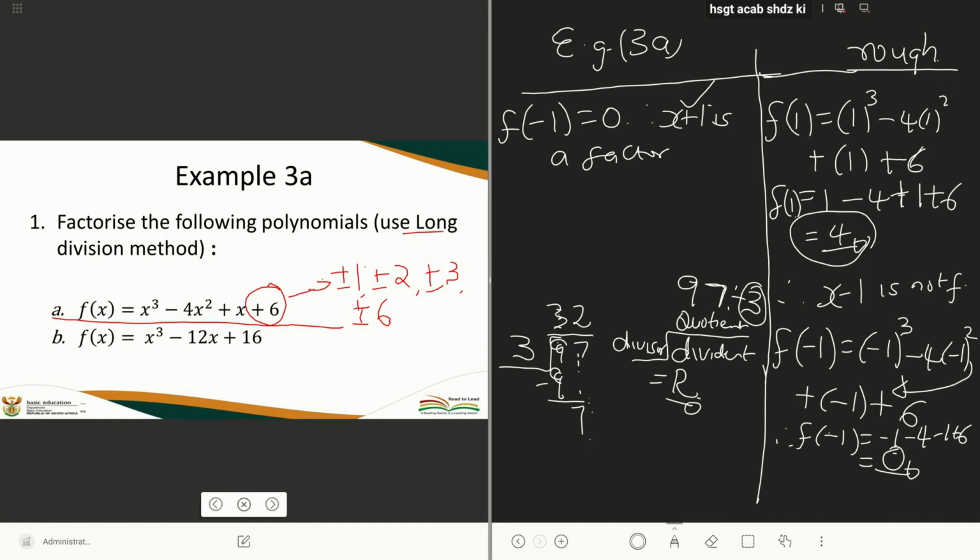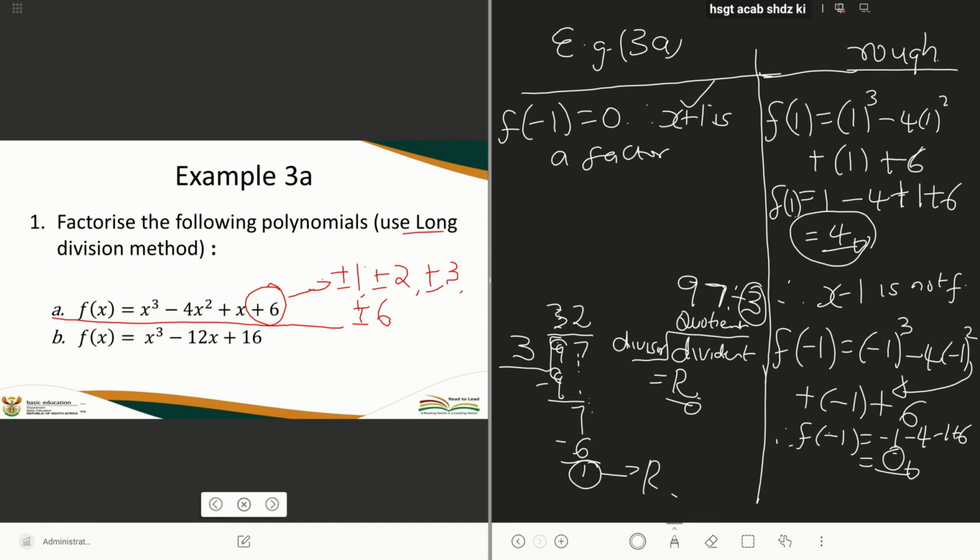You write it underneath. Then you subtract the two terms together. 7 minus 6 is positive 1. So this positive 1 is your remainder.